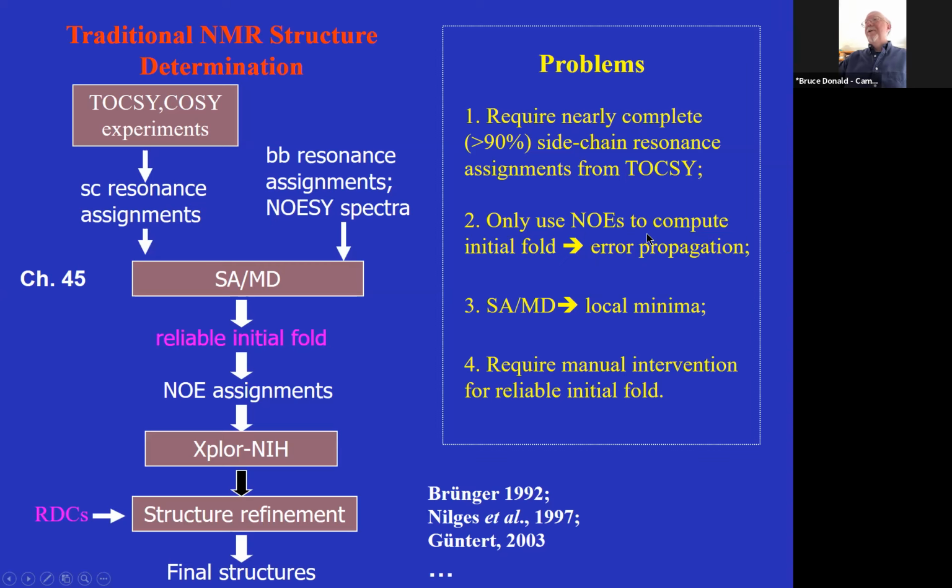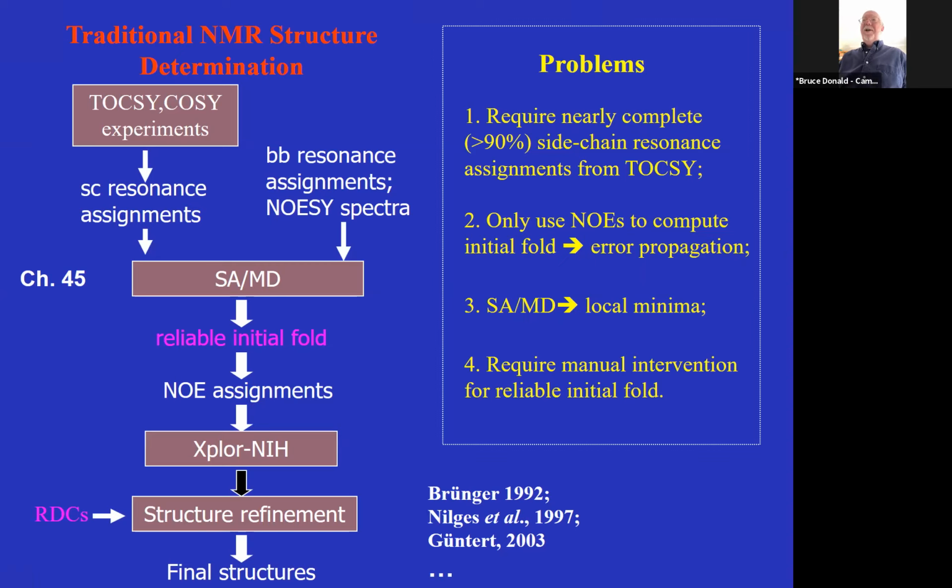It's not globally referenced. Simulated annealing and molecular dynamics frequently get trapped in local minima as they're used here. So you're not going to get optimal solutions, and that's going to give you, in this case, misassignments sometimes. And lots of manual intervention is needed in these structures when they're complicated. So not at all a turnkey process, although many structures have been solved.